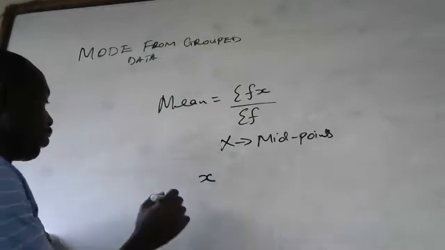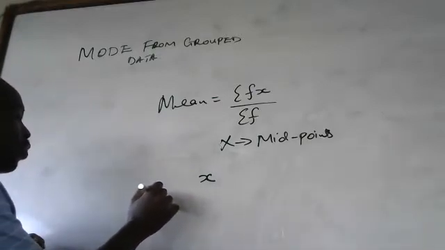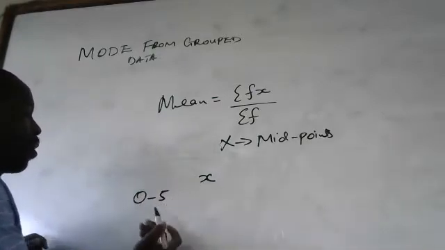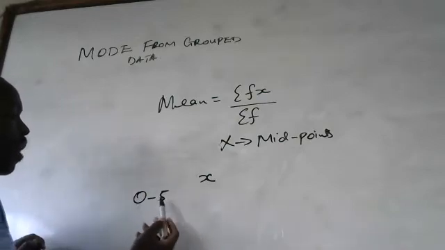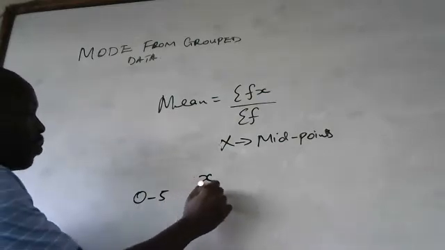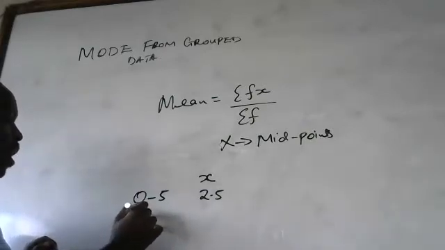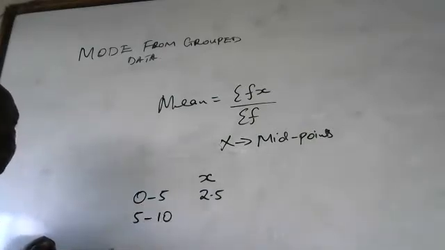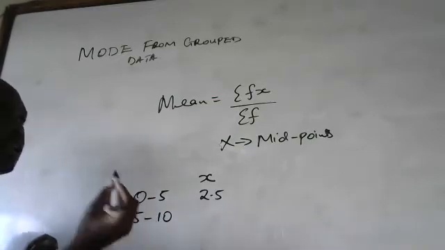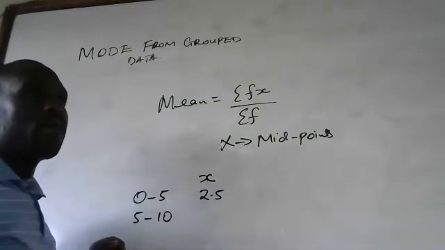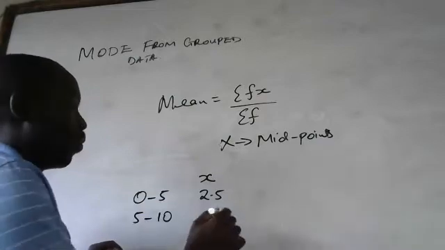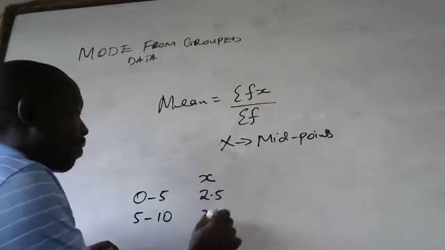So if it was a class of 0 to 5, the midpoint will be 0 plus 5 divided by 2, which would be 2.5. If it was a class of 5 to 10, the midpoint will be 5 plus 10 divided by 2, which is the same as 15 divided by 2, which will give you 7.5.